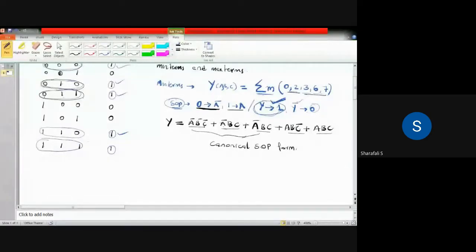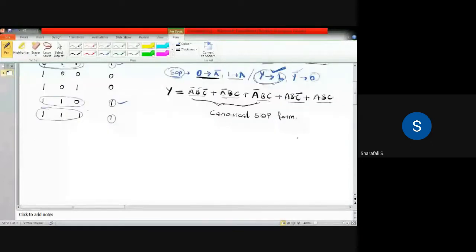A bar or B bar or C bar will be present in these terms. And that is why this is called a canonical representation or canonical SOP. Now you can minimize this expression by using Boolean algebra, but that is not in your syllabus. So this represents the canonical SOP form.